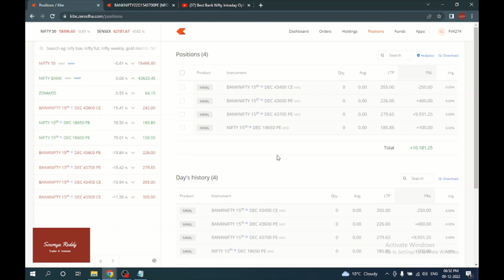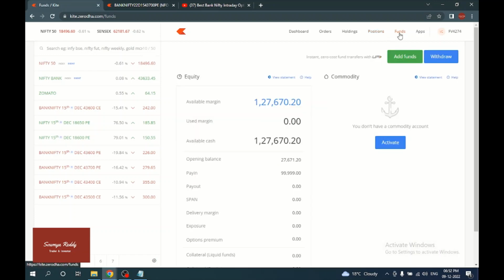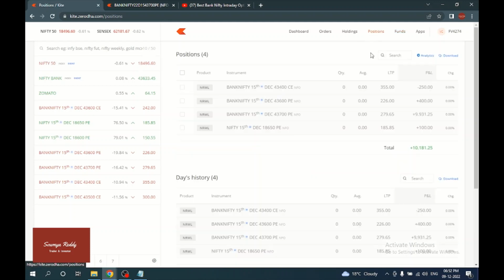If I have to show you, this is my deployed capital, 1,27,000. And if you see, the profit for the day is 10,000 rupees, which is 8%. I'm very happy. Every day, if I can make 10,000 rupees, it is more than enough for a trader for a living.